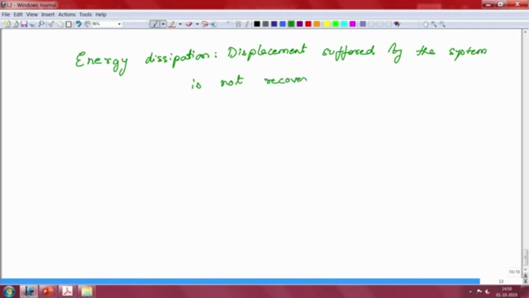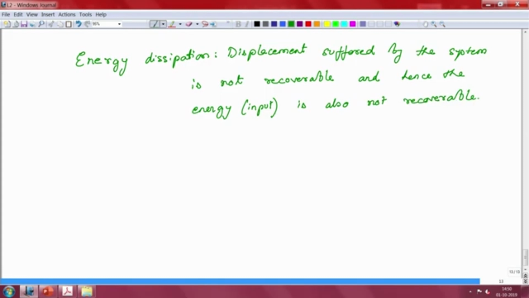And hence, the input energy is also not recoverable. So, if the energy is not recoverable, what has happened to it? It has been lost through dissipation.